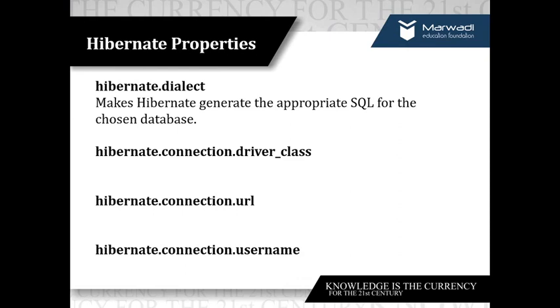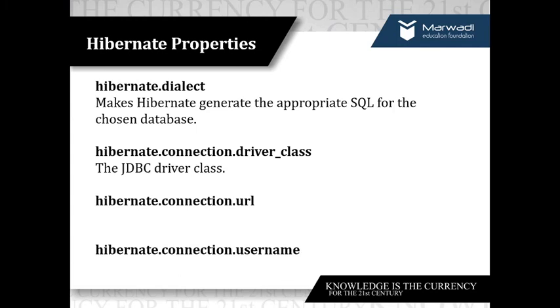That dialect needs to be specified, just as we needed to specify the connection string, the database name and the driver name in the JDBC program. Here we need to specify the Hibernate dialect for communicating with the underlying database.